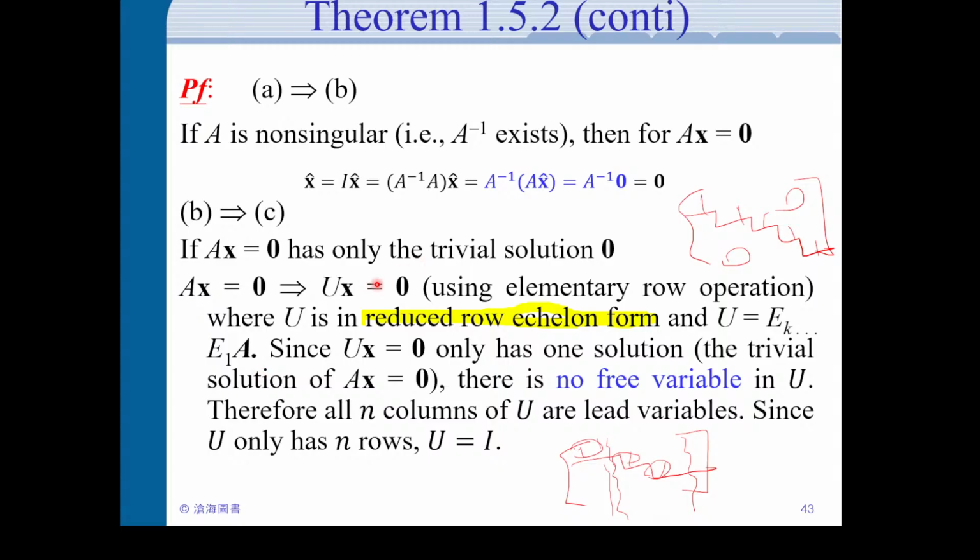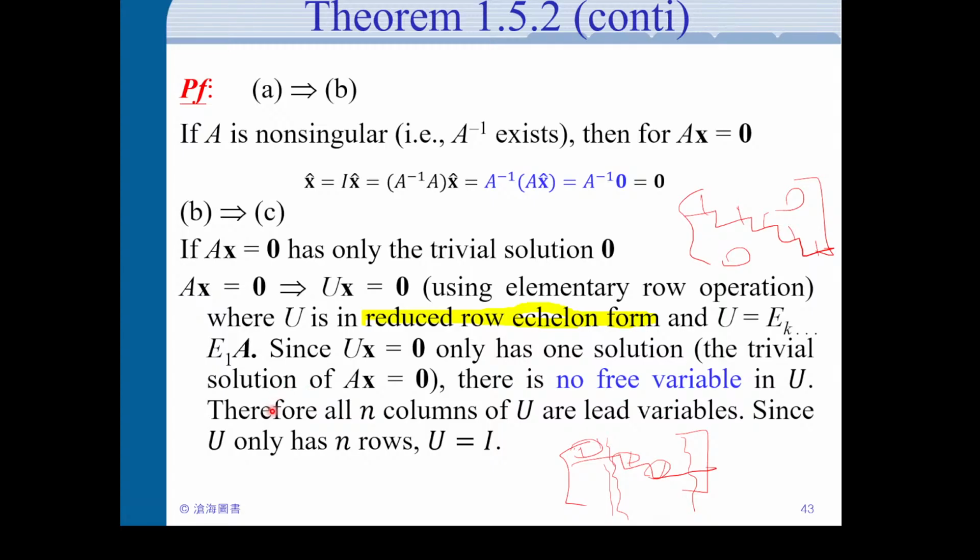We know that Ux equals 0 and Ax equals 0 have the same solution set, because we multiply with elementary row operations, and so Ux equal to 0 also only has one solution. Now we need to think a little harder.